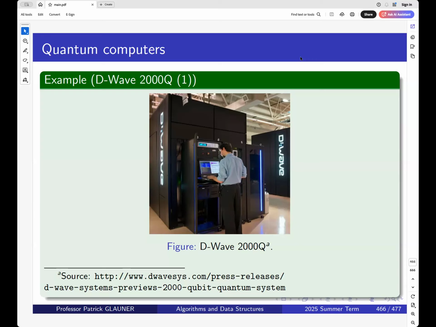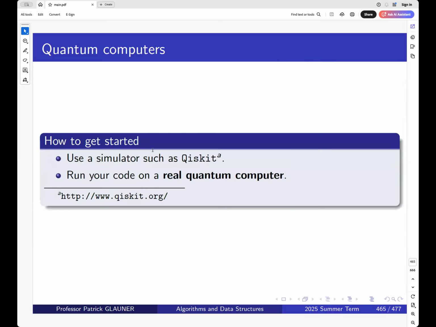And the good thing is, real quantum computers exist nowadays. Like 20 or 30 years ago, you had to use simulators, and you can use simulators today. For example, Qiskit. It's a library from the IBM world, for example. And you can simulate, but it turns out you can only simulate very small quantum systems on computers, not large ones.